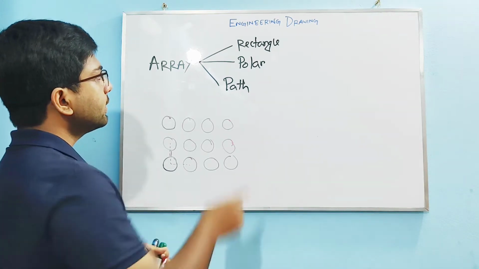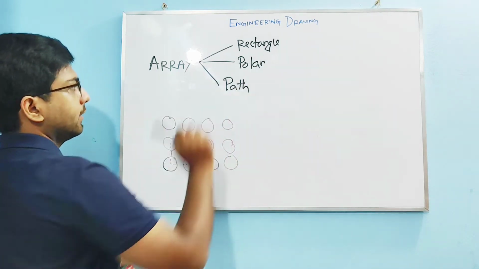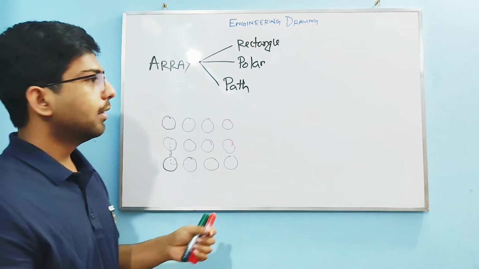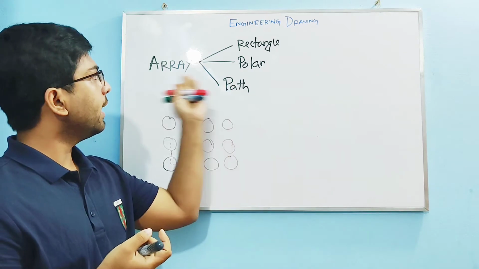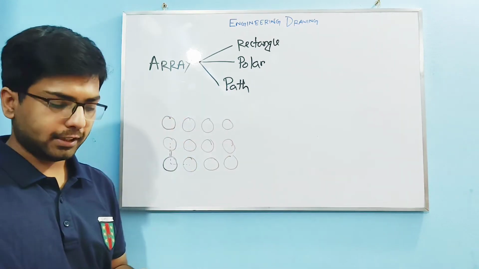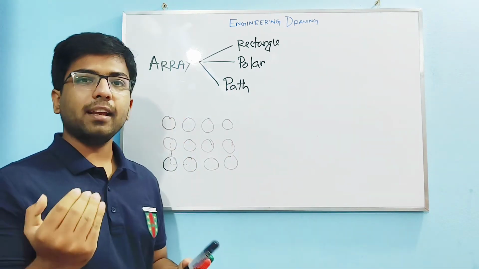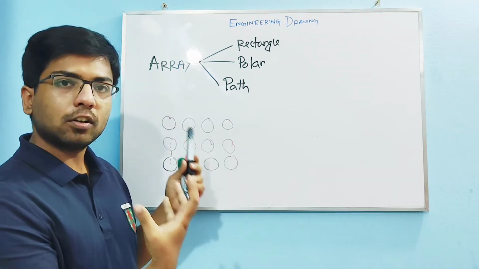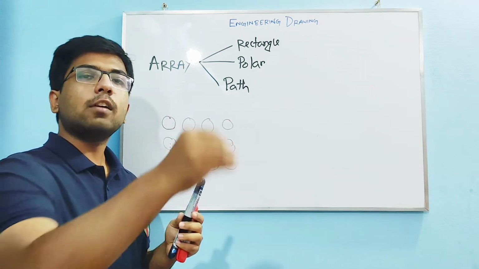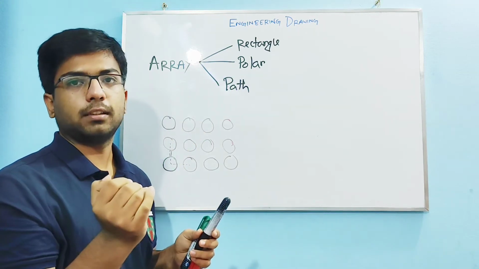And let's talk about the polar array. Using this polar array command, we can copy a specified object in an angular way, in a circular way.